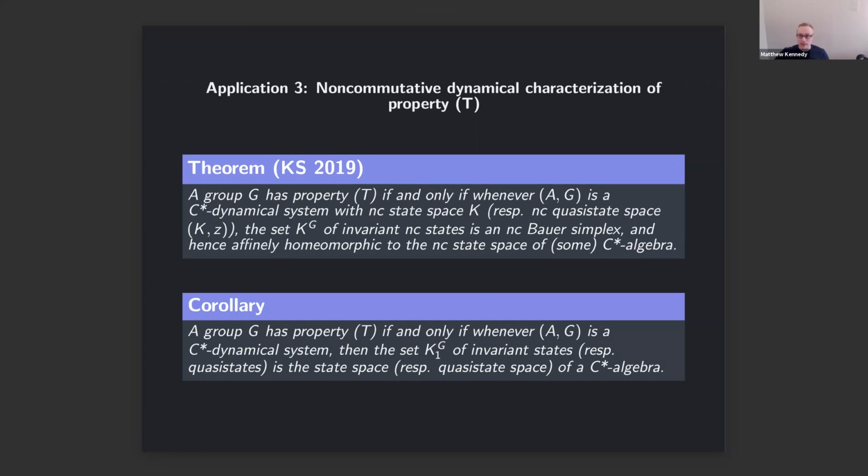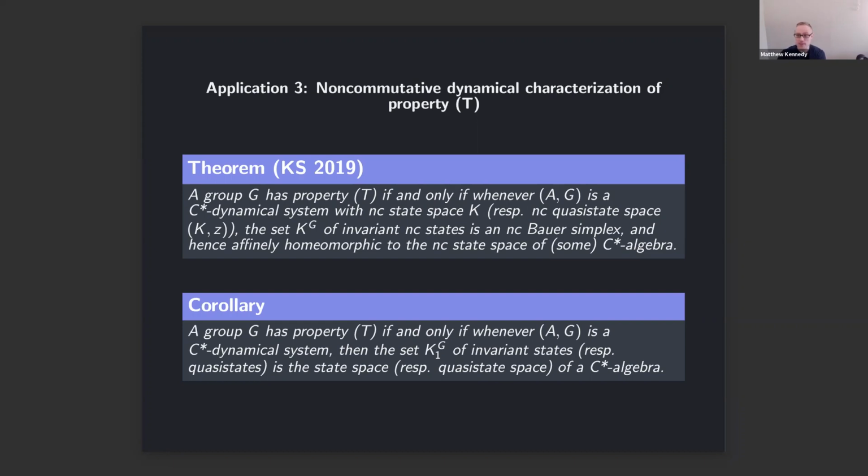And as a corollary, we can actually just look at the state space or the quasi-state space, even in a non-commutative setting. So a group has property T if and only if, whenever it acts on a C-star algebra, the set of invariant states or invariant quasi-states is the state space or quasi-state space of a C-star algebra.